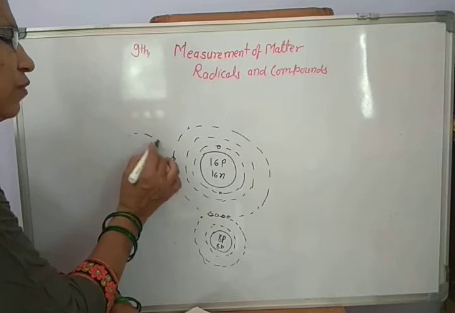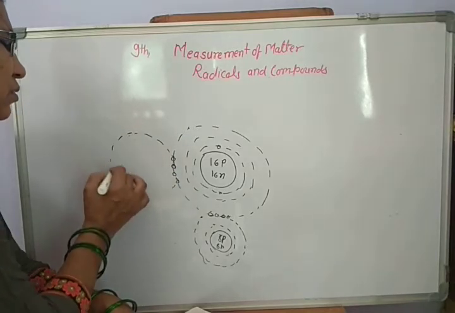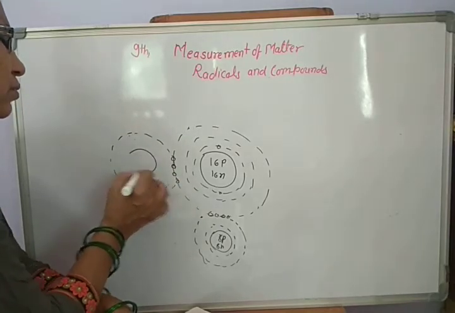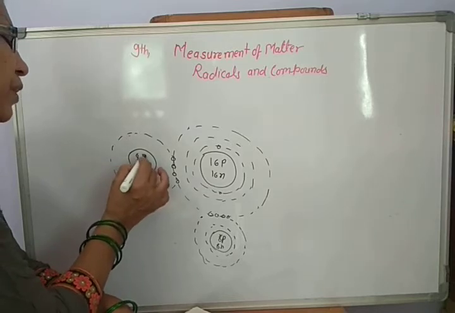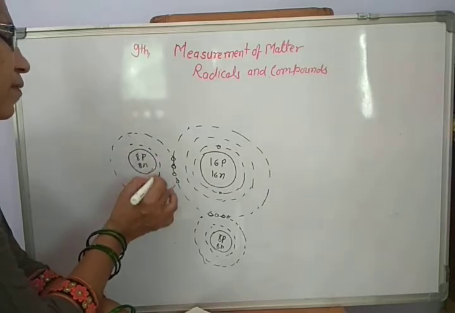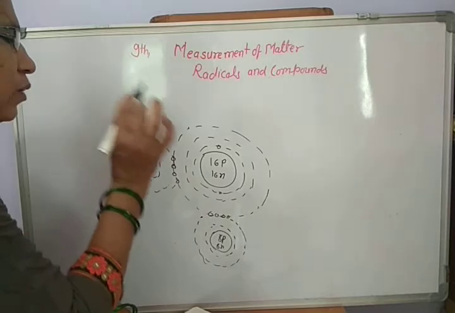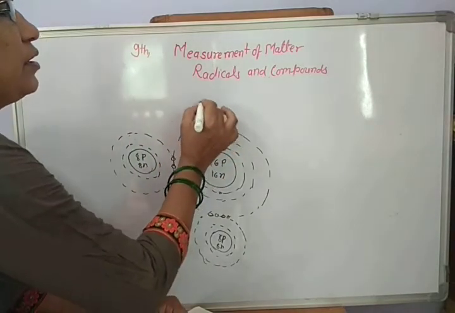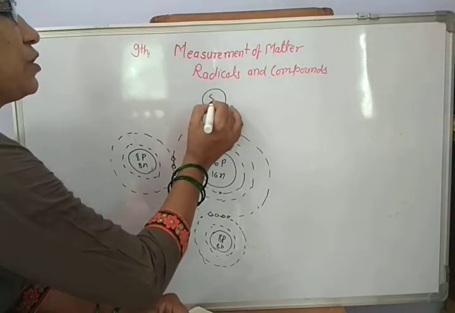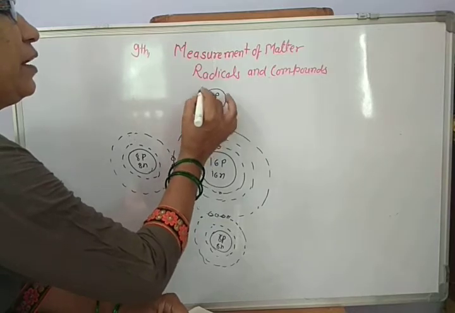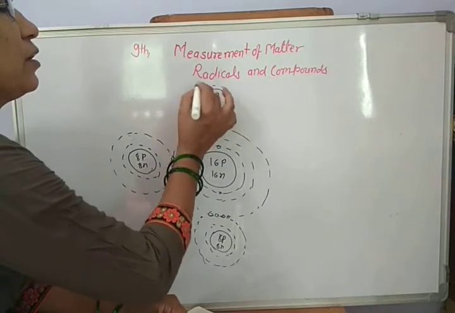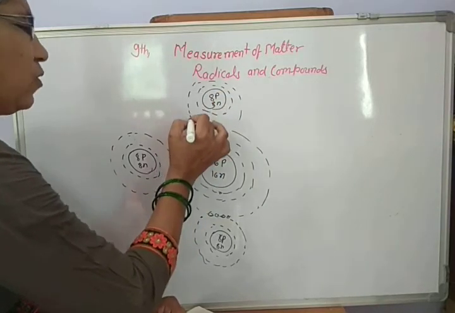There is double bonding with oxygen. 8p, 8n, 2 electrons. There is single bonding with oxygen. 8p, 8n, 2 electrons and 6 electrons.